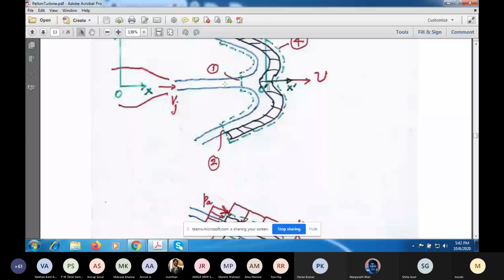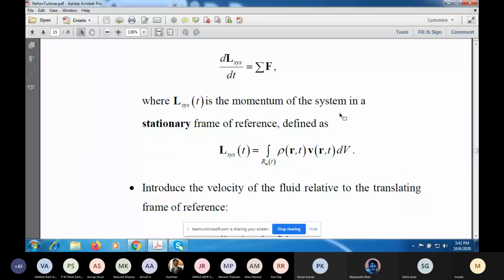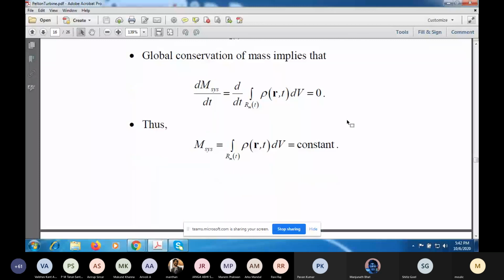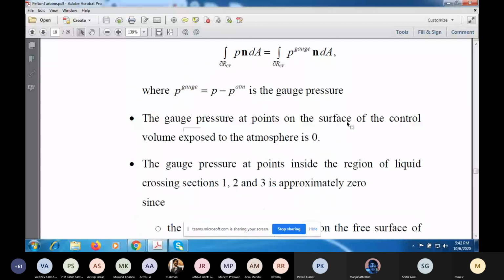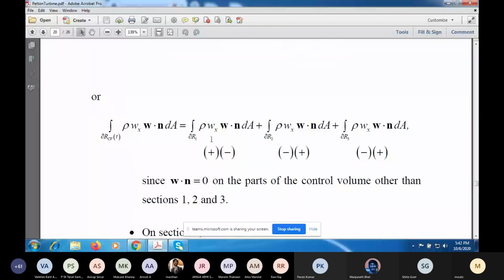So Wx is positive, but it's an inlet. On an inlet, W dot N is negative. So if you look at the signs, Wx sign is positive and W dot N sign is negative because this is an inlet.